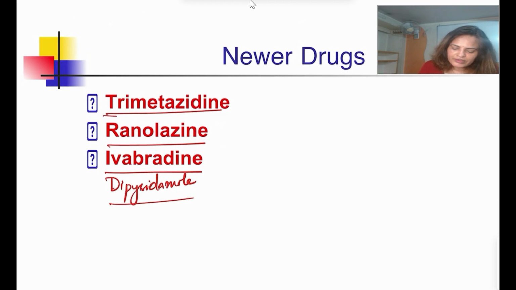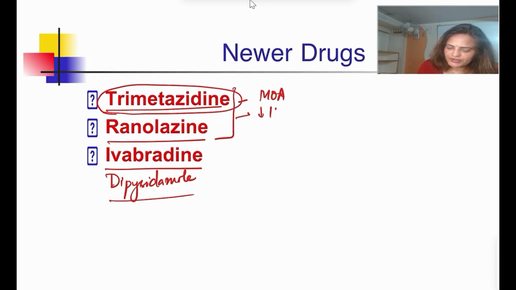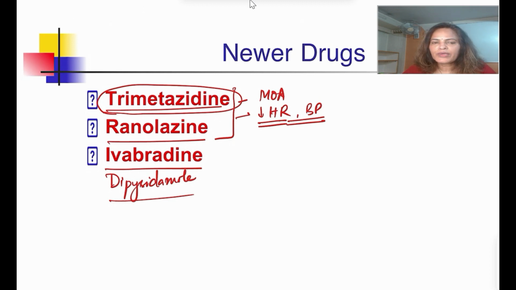Coming to Trimetazidine, how does this drug act, what is its mechanism of action? This group of drugs, especially these two, are not going to decrease the heart rate. They do not act by decreasing the heart rate or having any effect on the blood pressure. Now how are they going to act? Coming to the first one, Trimetazidine.